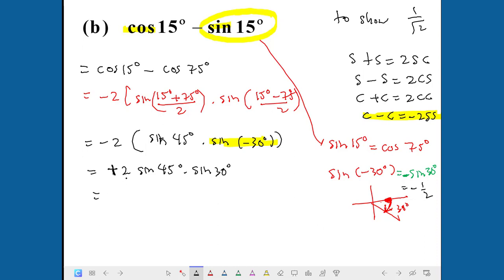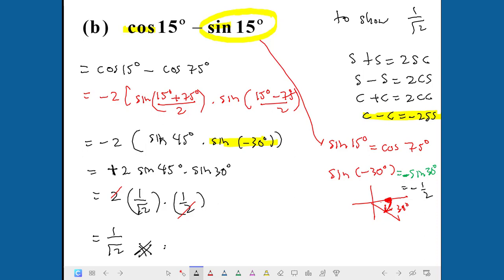Substitute the values: sine 45 is equal to 1 over sec 2, and sine 30 is equal to half.